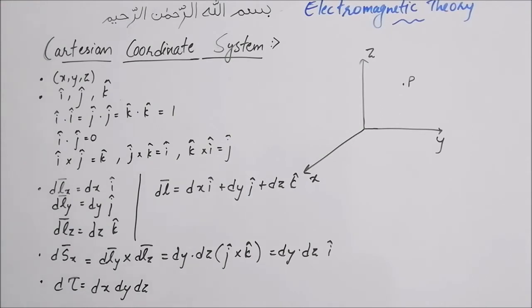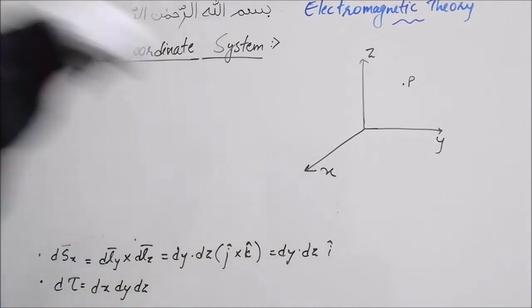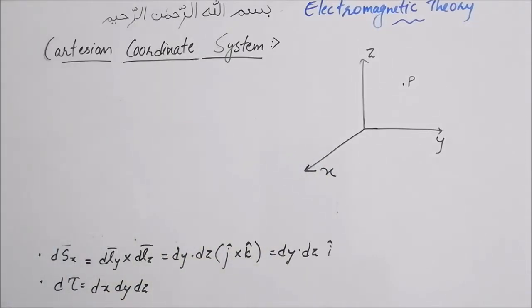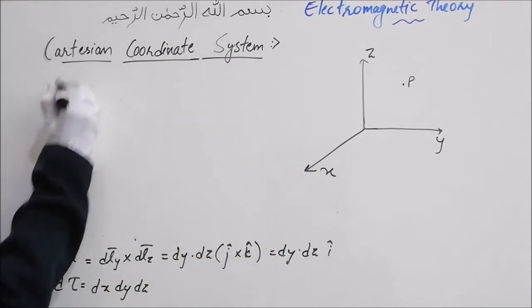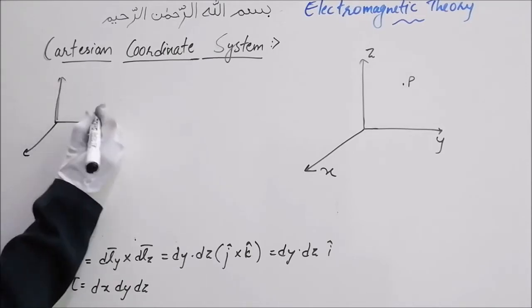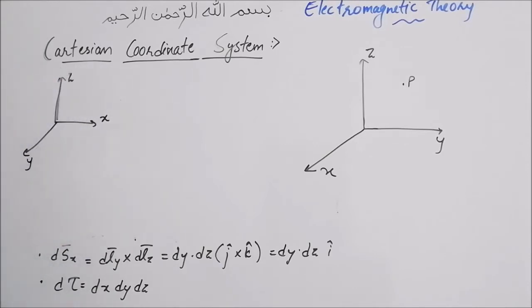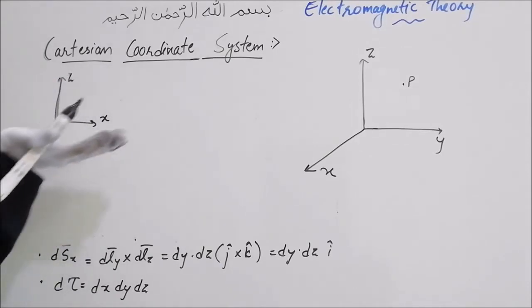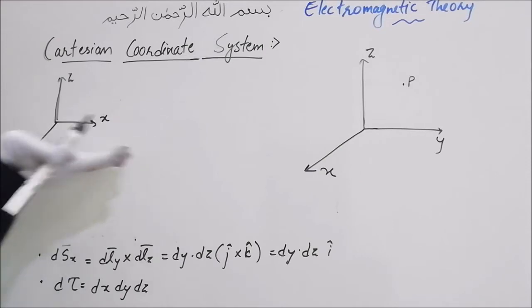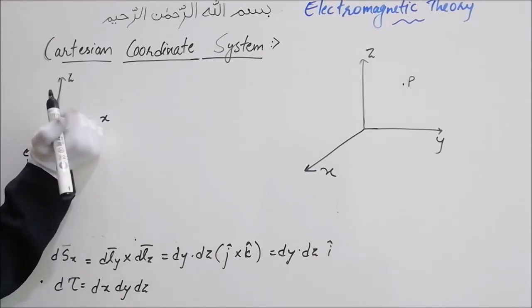Now here we have to remember something. We cannot put x, y and z along the three axes wherever we want. They have to follow a certain rule. Let's say if I take x, y, z along this direction, I have x here, y here and z here. So the rule is that you have to take your right hand. I'll take my right hand along the x direction, curl my fingers towards the z.